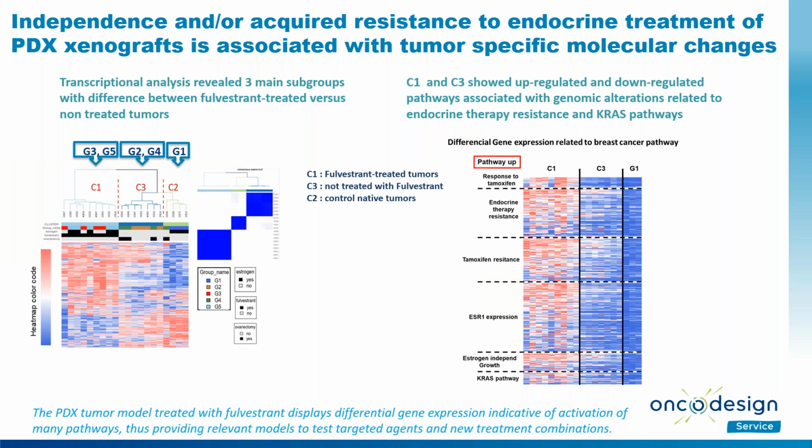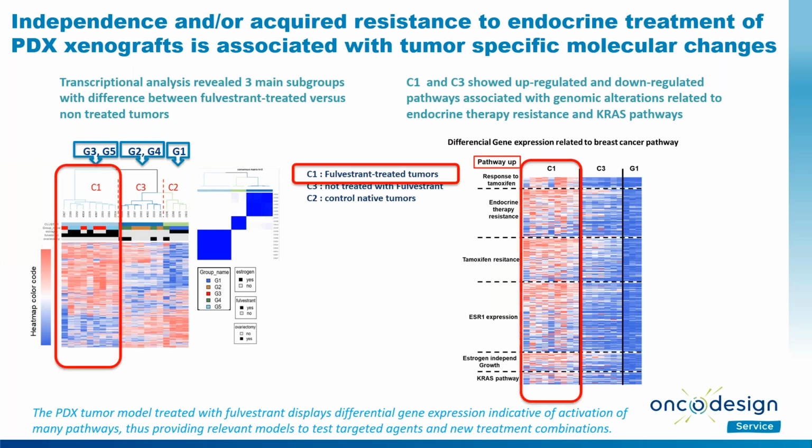And so this model was, of course, completely characterized with genomic analysis, and I will not describe this slide in detail, but just to show you that we identified a cluster, cluster 1, that is completely correlated with the tumors that are treated with fulvestrant.